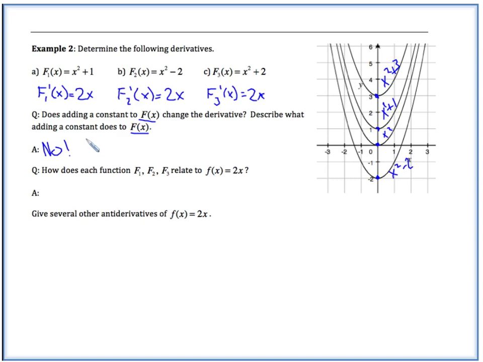So the constant shifts f of x vertically. And that's all it does. So how does each function relate to the derivative of 2x? The slopes are going to be the same.